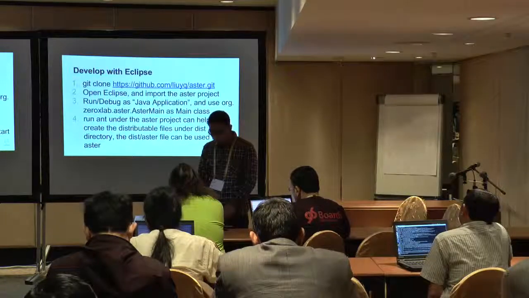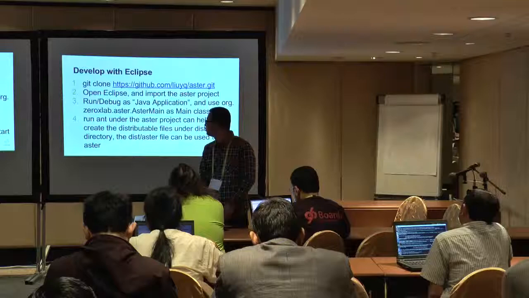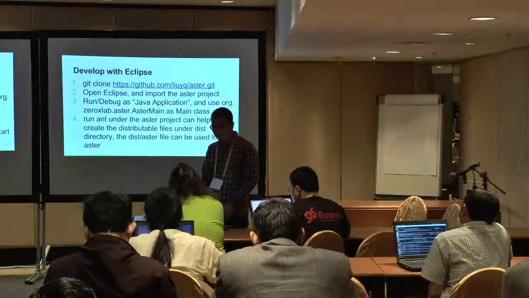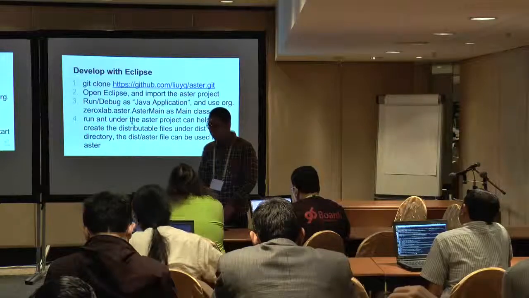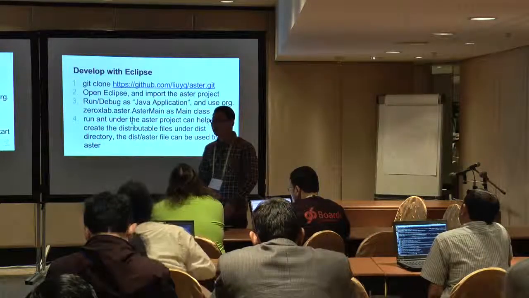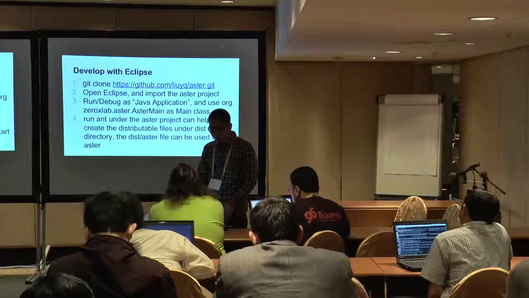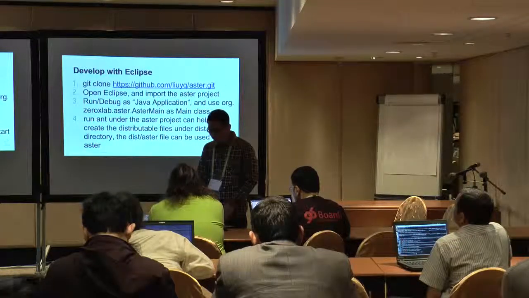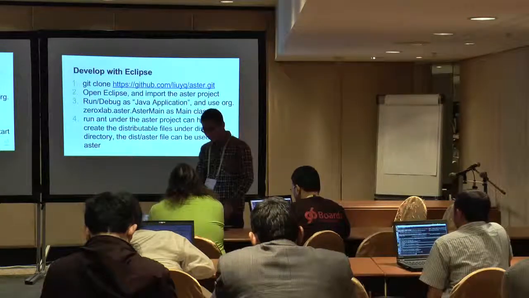Then you will see the Aster window come up. In the repository there is a build.xml file that is used by the ant command. We can use that command to generate the distributable file.